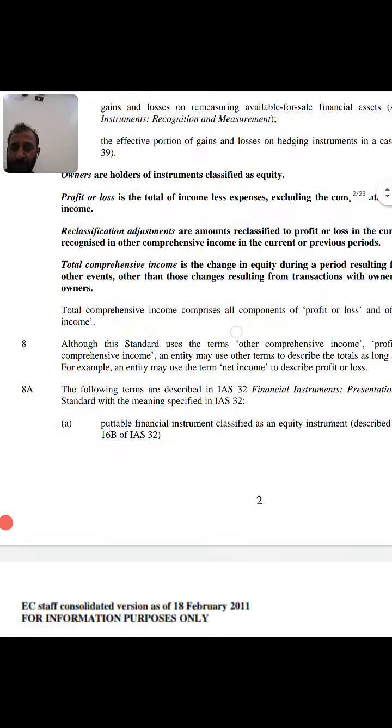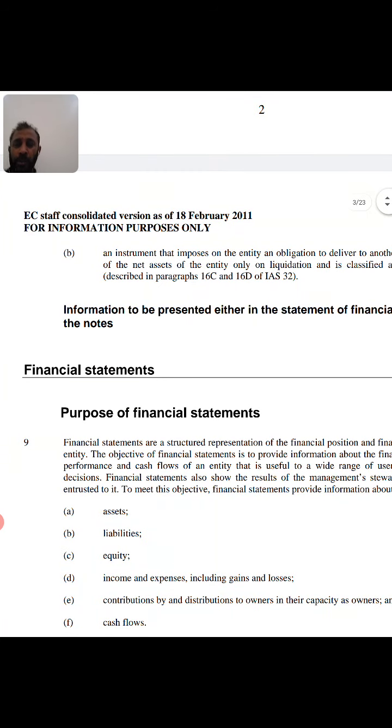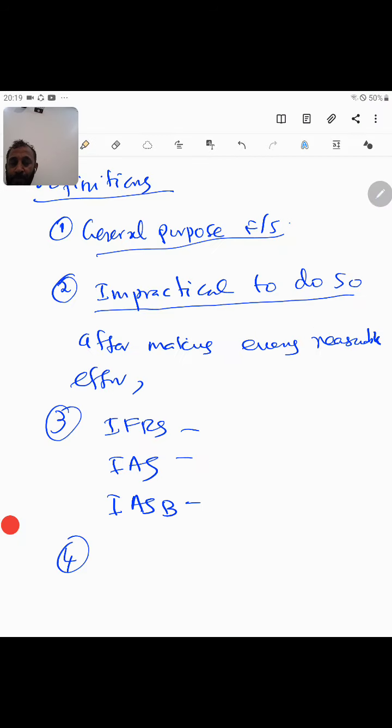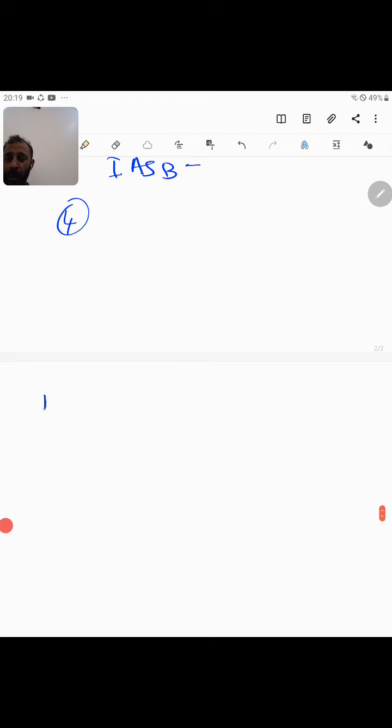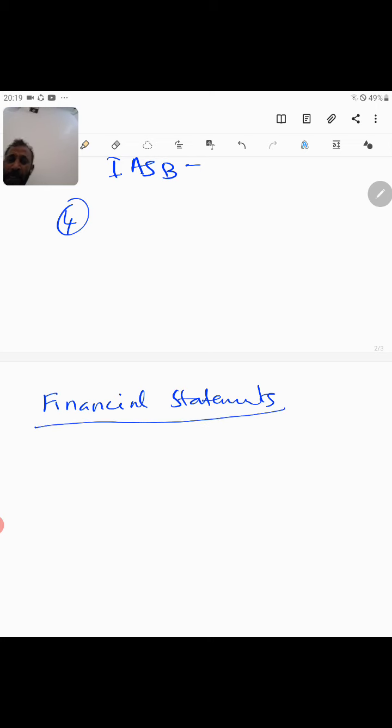After that we talk about financial statements. A financial statement is a document produced in an organization at given intervals in order to find out the financial results of an entity. That includes the financial position, financial performance, overall cash flow movement, and also the movements in equity of the organization.